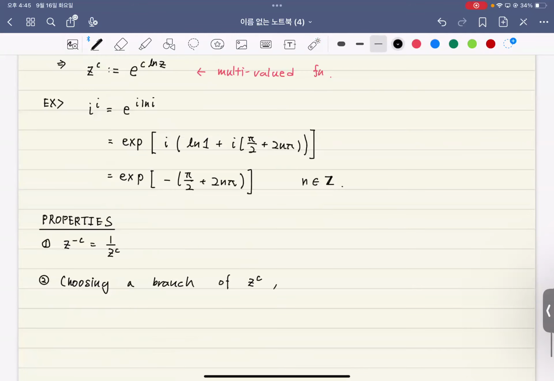Then this general power function is differentiable, and you can also expect our familiar power rule for the derivative of polynomials.